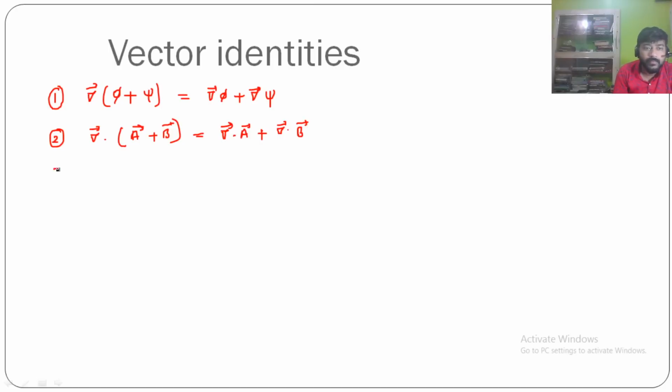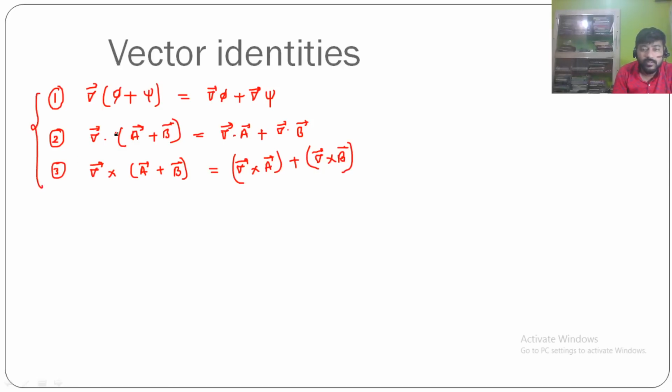Number 3 involves curl: curl of a plus b is curl a plus curl b. These three are very easy to remember, and they are not required in most cases.